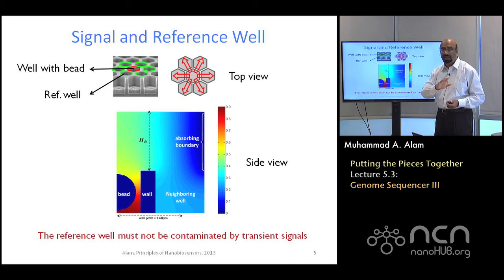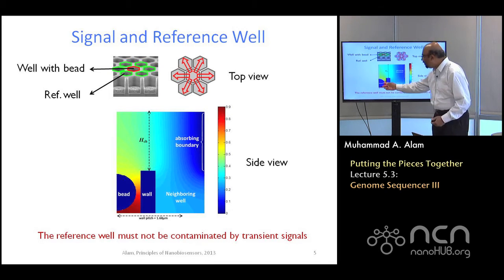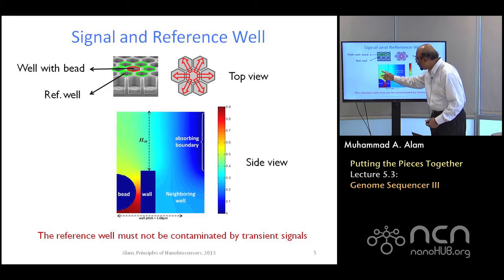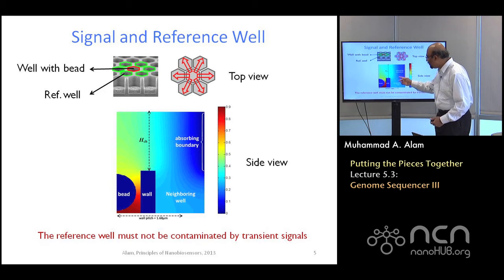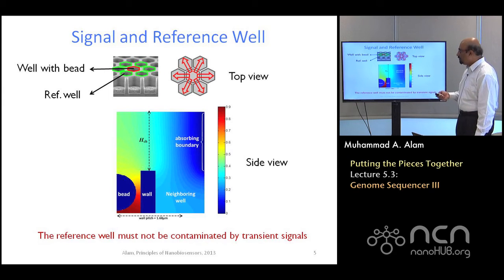And the reference wells should not have any protons to begin with, so that they are uncontaminated and can act as a reference. So the question immediately is, as the molecules escape from these beads, what is the probability that they are going to come and contaminate the neighboring reference well? We can again do the calculation relatively easily.